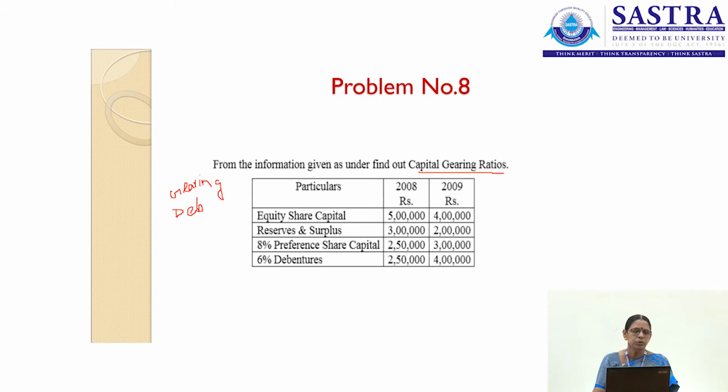Whenever the debentures or your long-term borrowings are included in the capital, we say it is a geared firm. When the debentures and long-term borrowings are less, we say it is a low geared firm. When they are more, we say it is a highly geared firm.